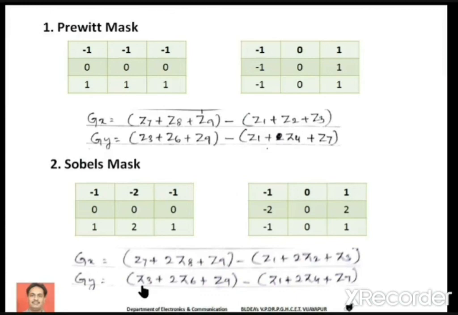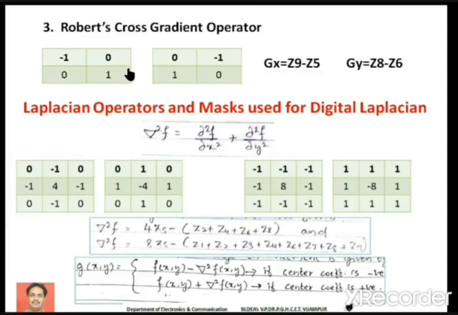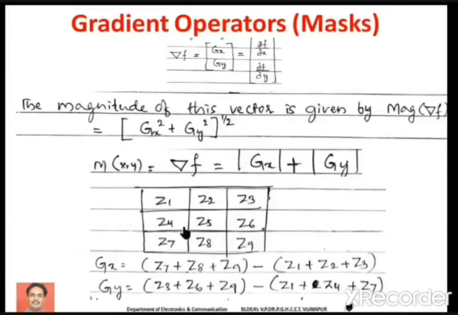And gy similarly becomes (z3 plus 2z6 plus z9) minus (z1 plus 2z4 plus z7). This is for the Sobel mask. For the Roberts cross gradient operator, the 2 by 2 matrices overlap with the four values z5, z6, z8, z9. That's why we get gx as z9 minus z5, gy as z8 minus z6, right?